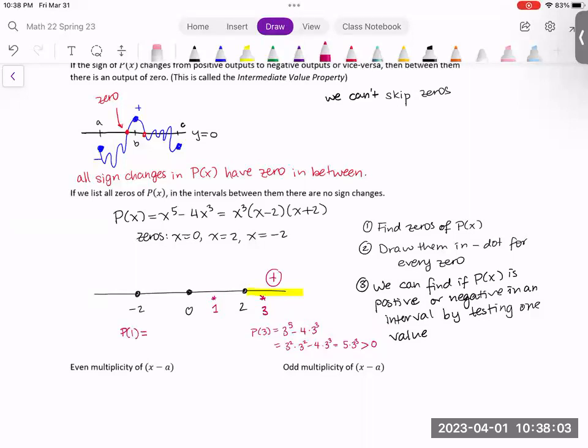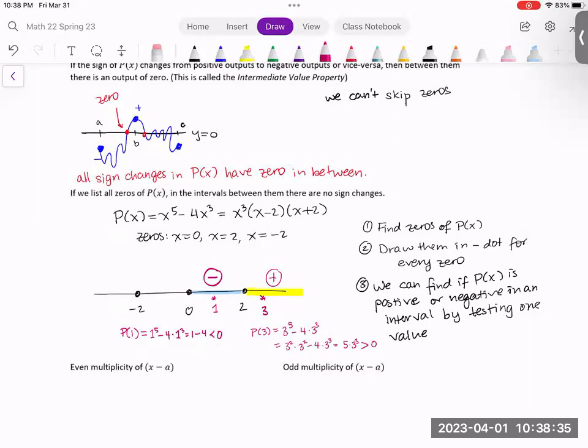So if we look at p of 1, it's equal to 1 to the fifth minus 4 times 1 cubed, or 1 minus 4. This is negative. So throughout 0 to 2, at every single x value, we are going to be negative. So I'm just drawing a big old negative sign to tell us throughout here, we are negative.